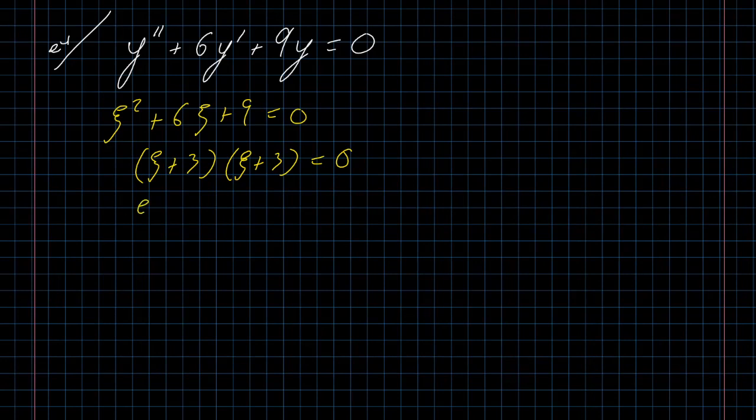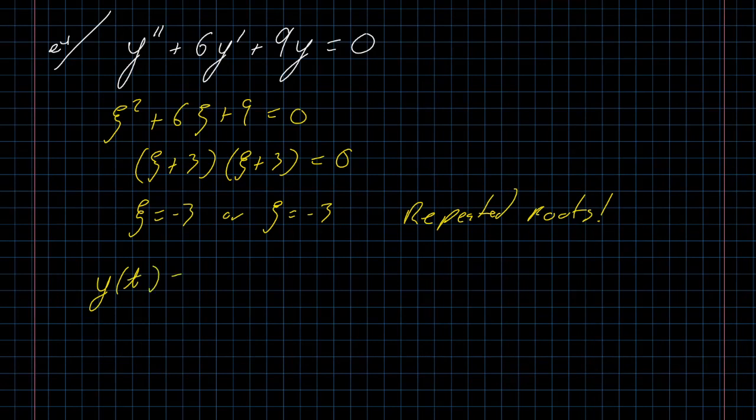which means that we have solution c equals negative 3 or c equals negative 3. That's the same solution twice. We are left with repeated roots. Well, we know what to do now when we have repeated roots.